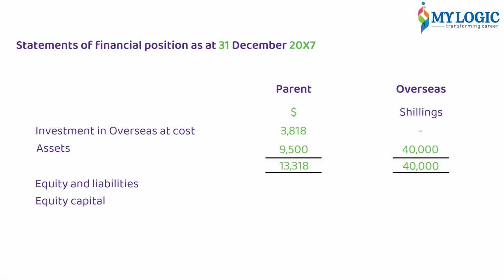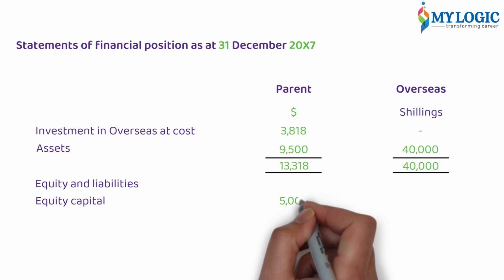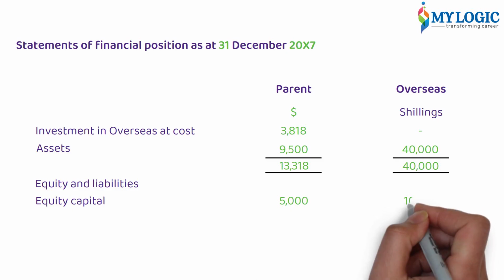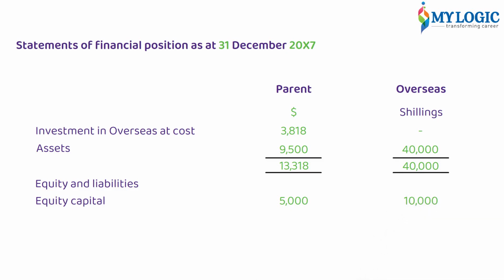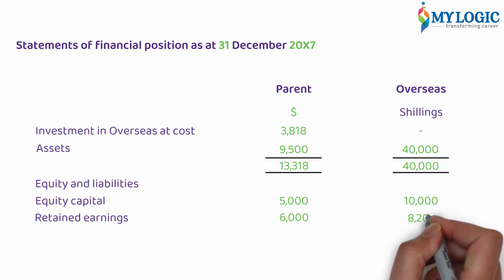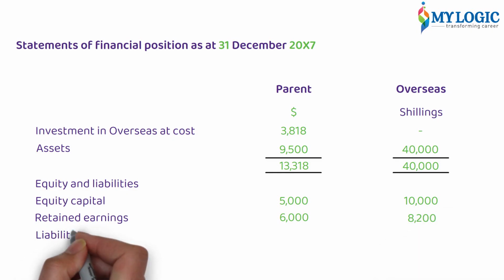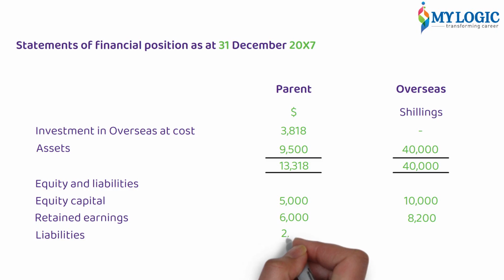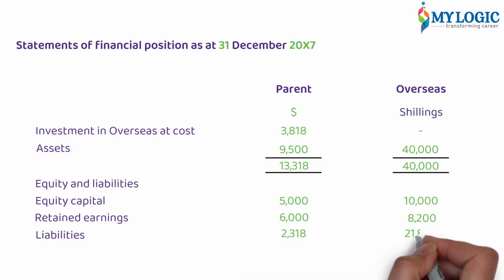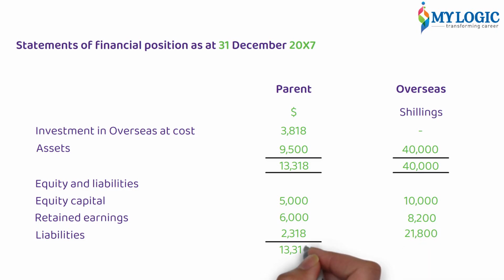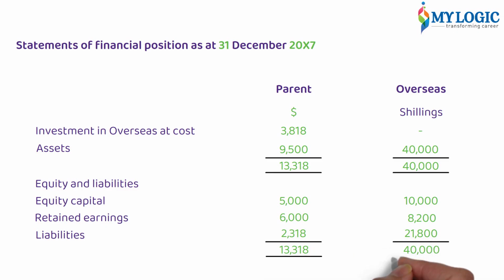Equity capital: for Parent, $5,000; for Overseas, 10,000 shillings. Retained earnings: for Parent, $6,000; for Overseas, 8,200 shillings. Liabilities: for Parent, $2,318; for Overseas, 21,800 shillings. Total for Parent, $13,318; total for Overseas, 30,000 shillings.